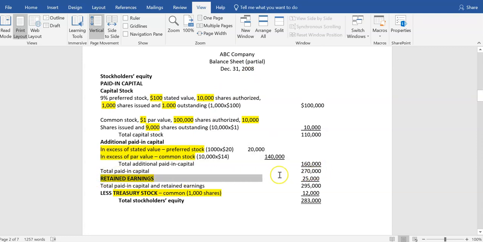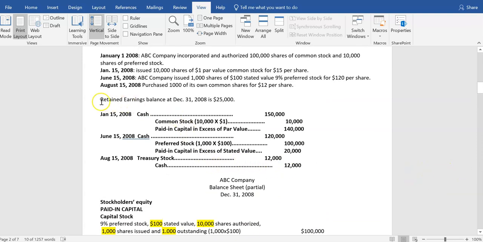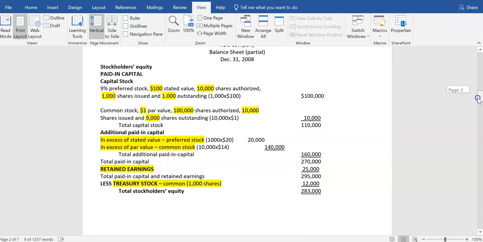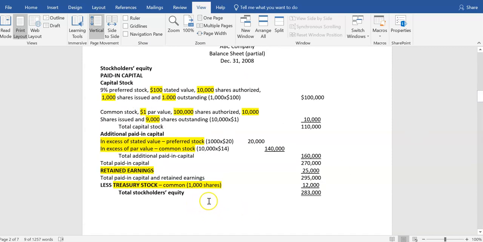We will then list out the retained earnings to get total paid in capital and retained earnings. And the retained earnings were just given in the problem here. Remember, retained earnings are the accumulation of profits less any dividends that were paid. So we now have total paid in capital and retained earnings of $295.